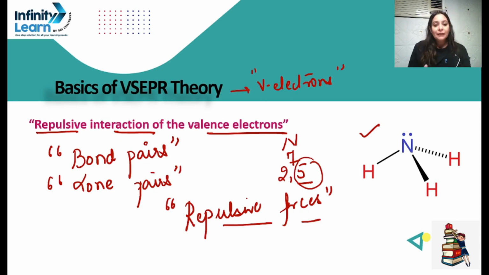So the valence electrons of that particular atom arrange themselves in such a way that the repulsions are minimized, that is, they don't exert more repulsive forces on the incoming electron, and the molecule which is formed is stable. That is, it has the state of maximum stability and minimum energy.